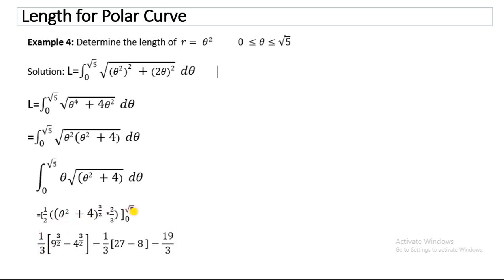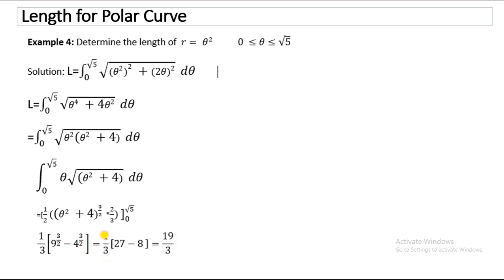If theta equals square root of 5, 5 plus 4 is 9, 9 to power 3/2. If theta equals 0, 0 plus 4, 4 to power 3/2.